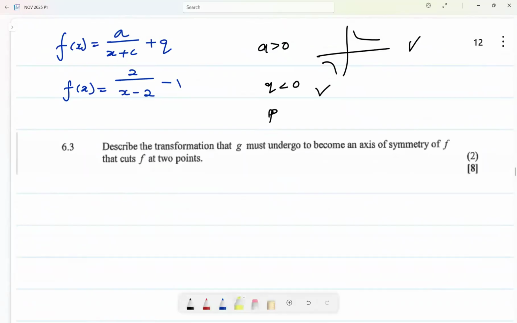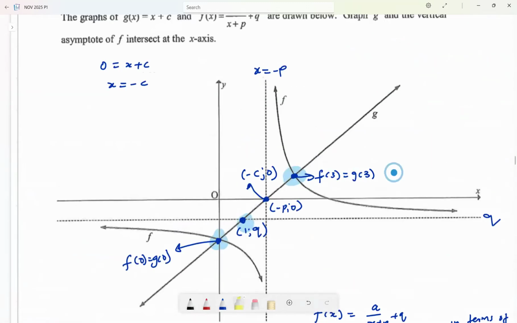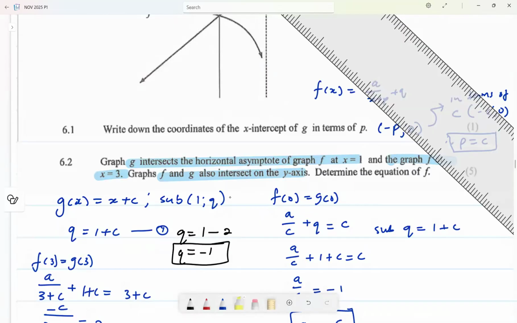And then they say, describe the transformation that g must undergo to become an axis of symmetry of f that cuts f at 2 points. Okay, axis of symmetry that cuts at 2 points. So basically, we want this graph to be the axis of symmetry that we know passes through these points.